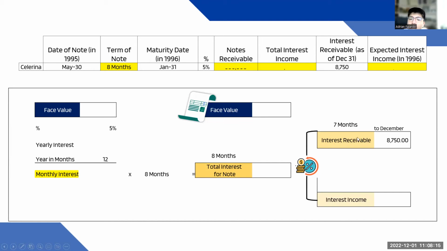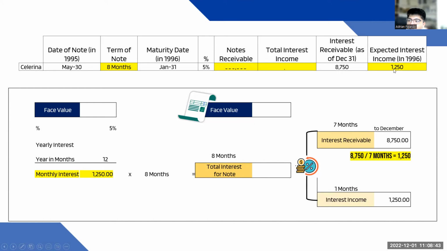So now, how do we get monthly interest? 8,750 divided by the 7 months is that we know 1,250 yung monthly interest. Right? And then, kung 7 months to, we know that December to January, may 1 month na lang. Therefore, 1,250 yung interest income. Right?